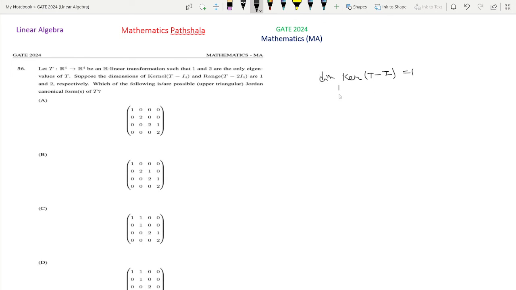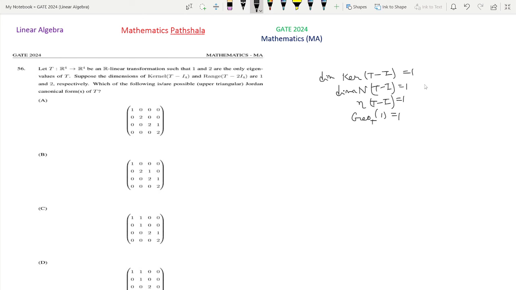So that is, the dimension of the null space of T minus I equals 1. We denote this as nullity of T minus I equal to 1, and that is actually equal to the geometric multiplicity of 1, which equals 1.